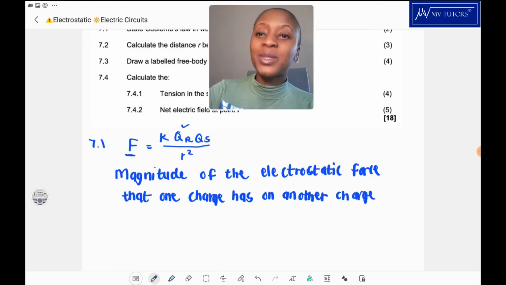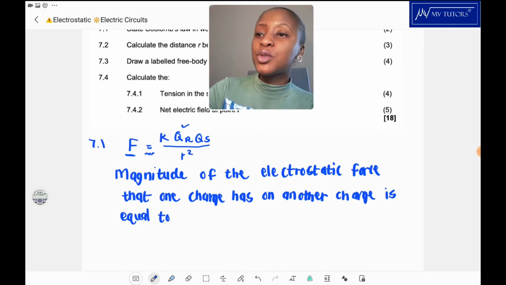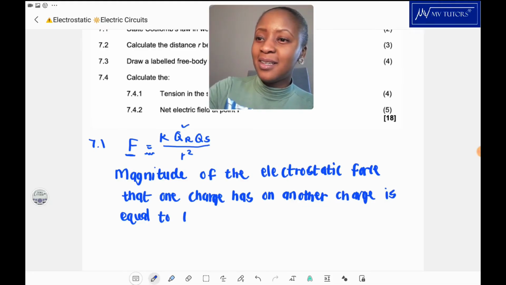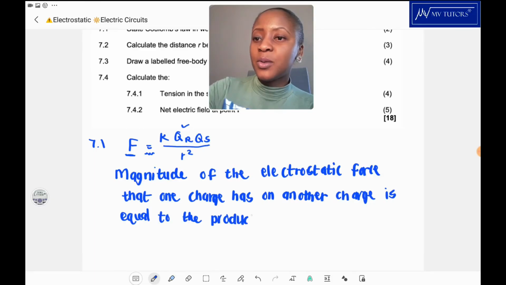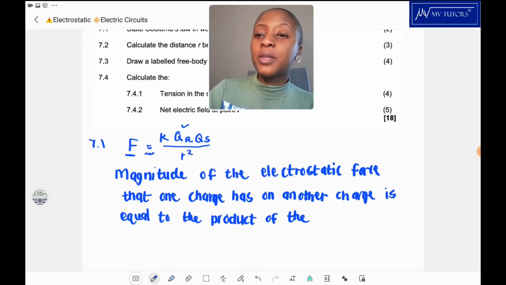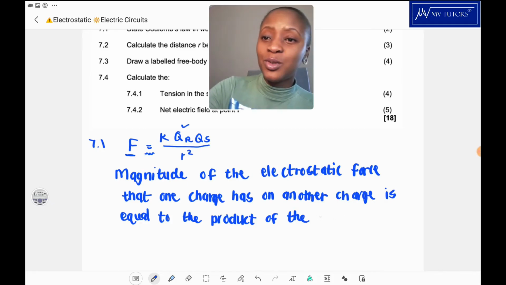that magnitude is equal to the product of the two charges, or rather the product of the magnitude of the two charges.